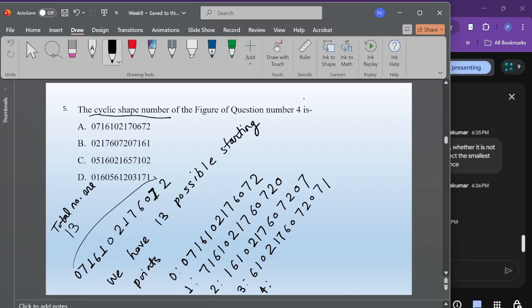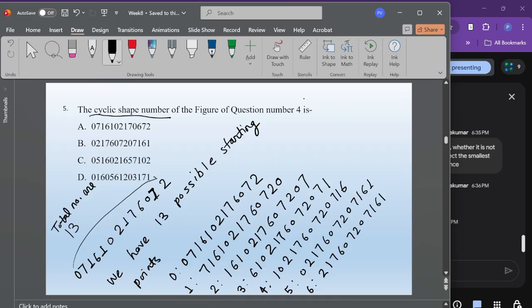Now the fourth shift will be 1021760720716. Now check for the fifth one. 02176072072161. Right? Now just check for the next one. So 2176072071610. Now next one.